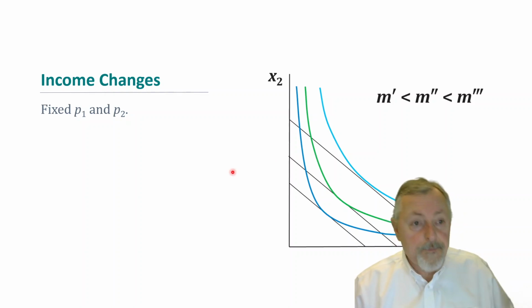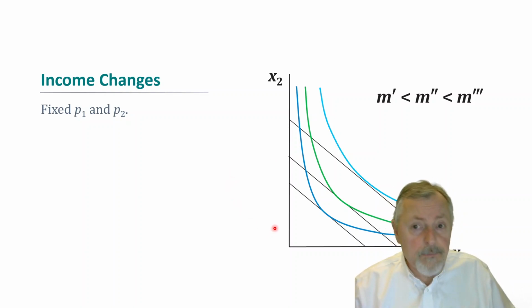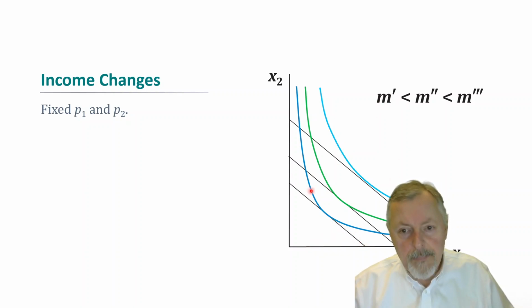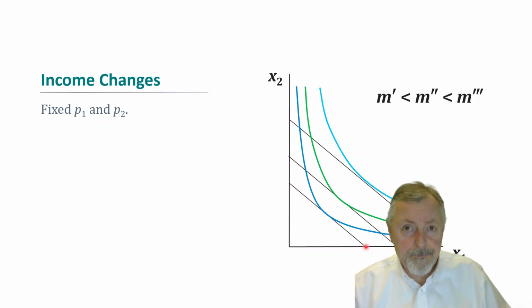Okay, here, if your income is kind of low, so that, let's say it's at M prime, which gives you this budget constraint, you're going to optimize with that consumption bundle, because that's the highest indifference curve you can get to, most utility you can get.